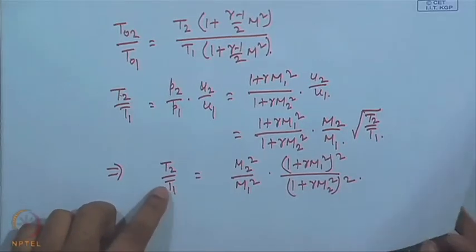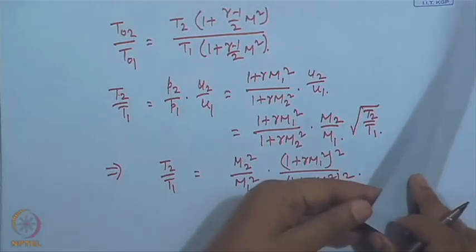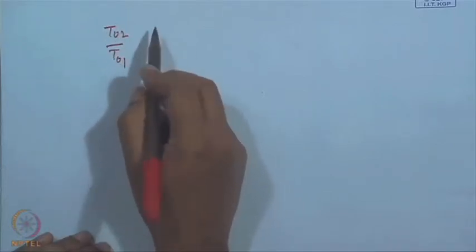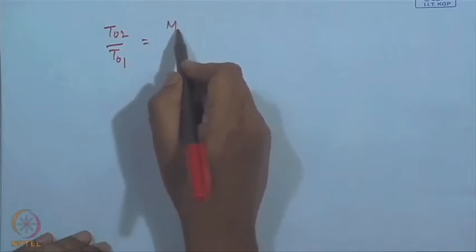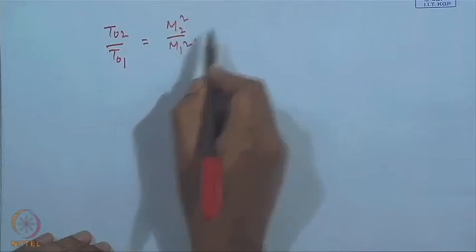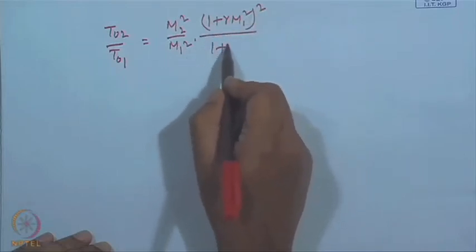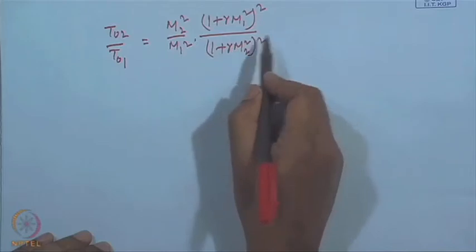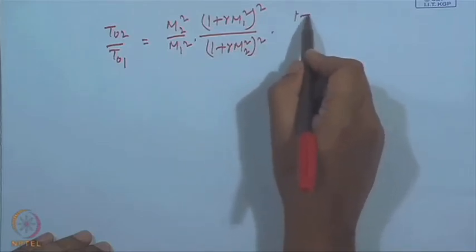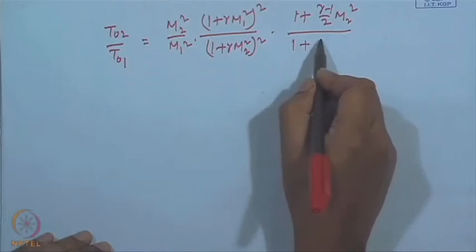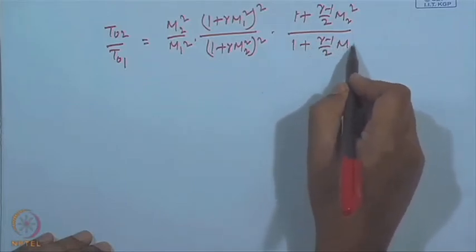Now this temperature ratio can be substituted into the stagnation temperature ratio to find the stagnation temperature ratio in terms of Mach numbers alone, and this gives us T02 by T01 as M2 square by M1 square into 1 plus gamma M1 square by 1 plus gamma M2 square, whole square, into 1 plus gamma minus 1 by 2 M2 square divided by 1 plus gamma minus 1 by 2 M1 square.